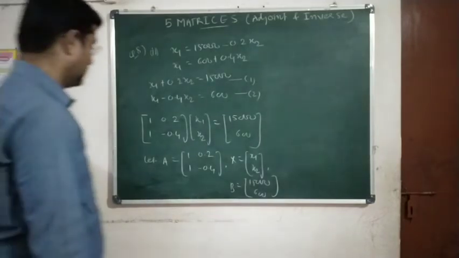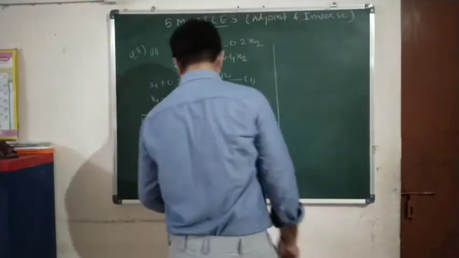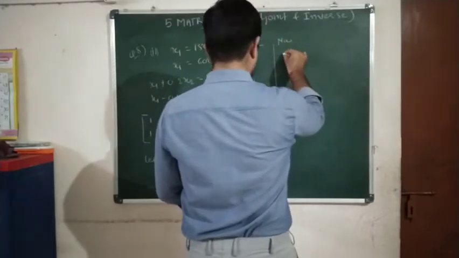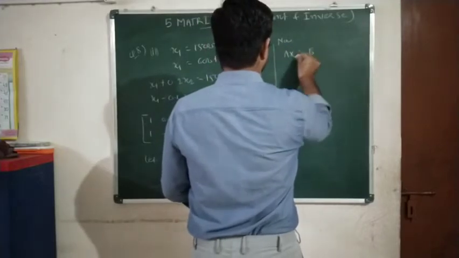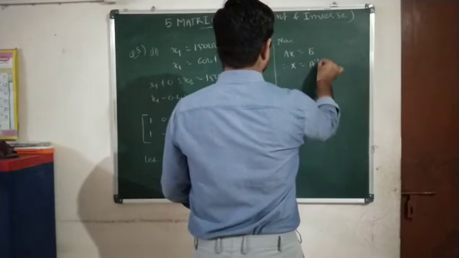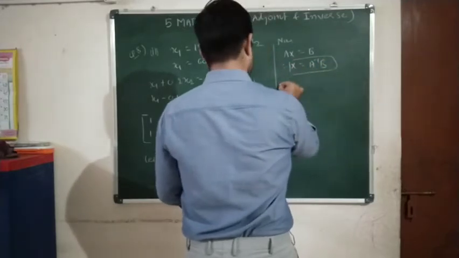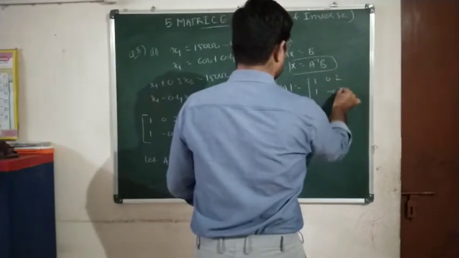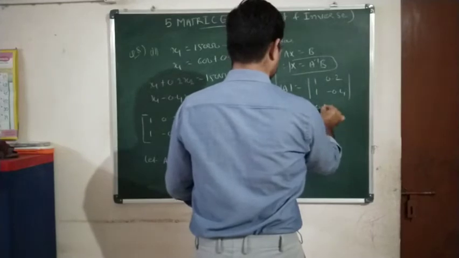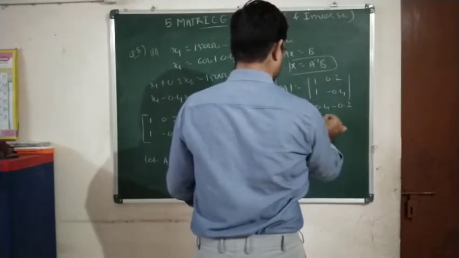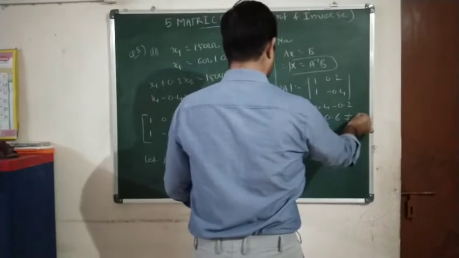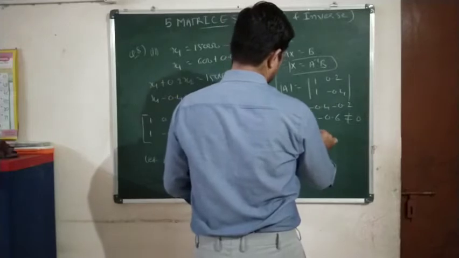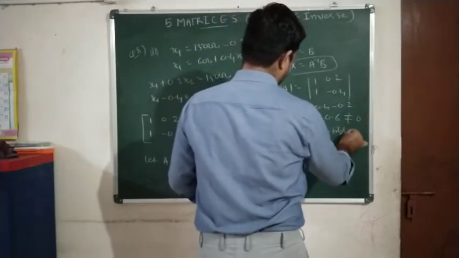Okay, done. Now first we will find out the determinant of A. Okay, so the matrix equation will be AX is equal to B, and therefore X is equal to A inverse B if A inverse exists. Let us find out determinant of A. Minus 0.4 minus 0.2, that is minus 0.6, not equal to 0, and therefore A is an invertible matrix.